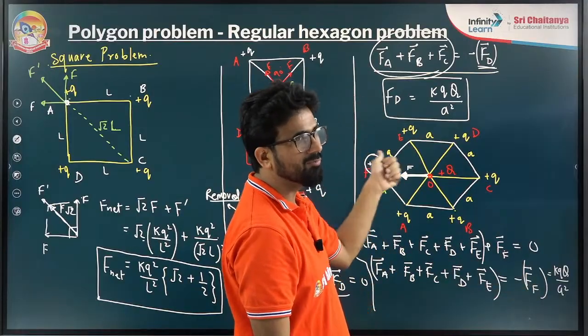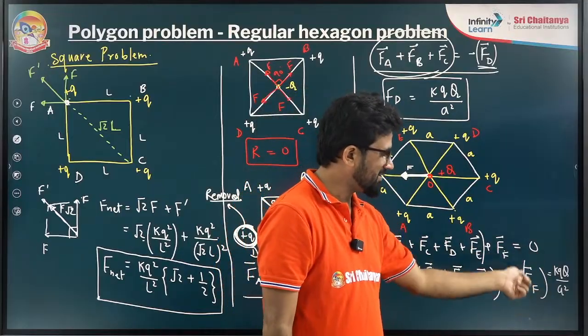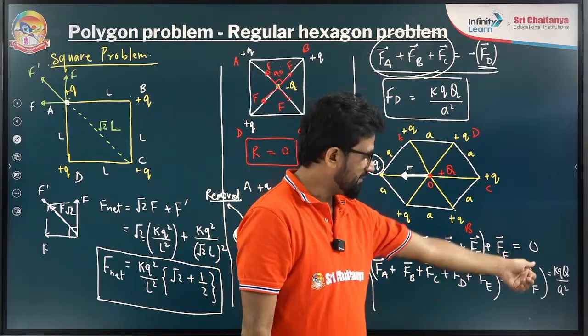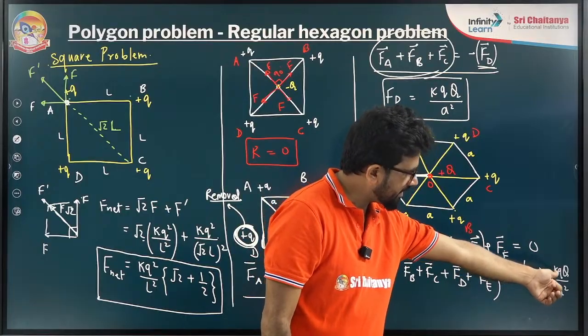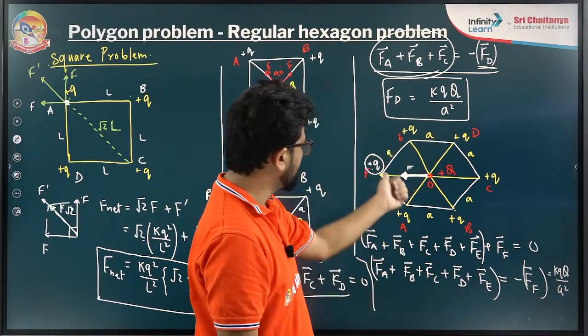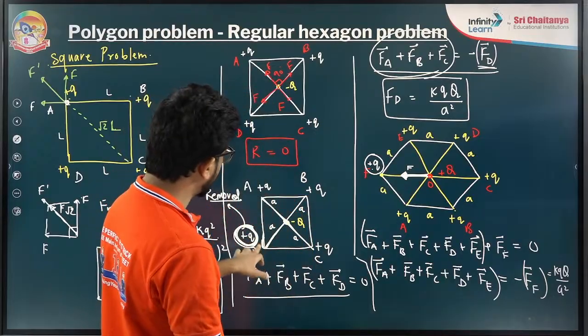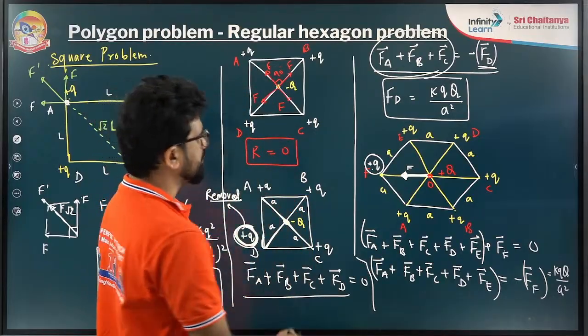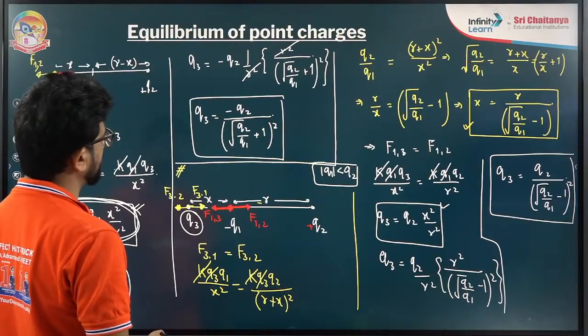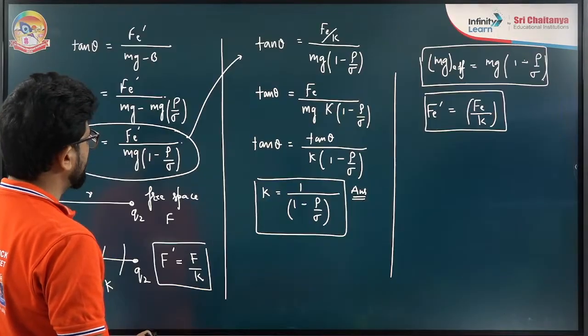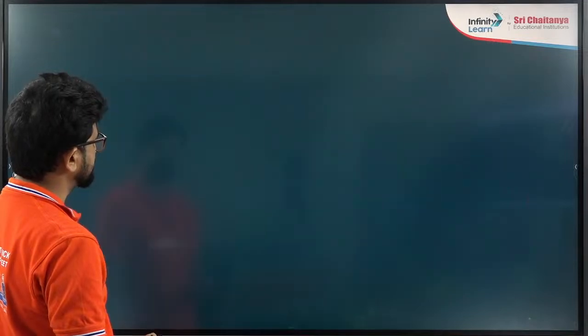Then we have seen that kqq by a square, due to only this removed charge. That is the answer. That means we have to focus only on whatever is removed. So the same thing we are going to do here also. You will get the same answer.